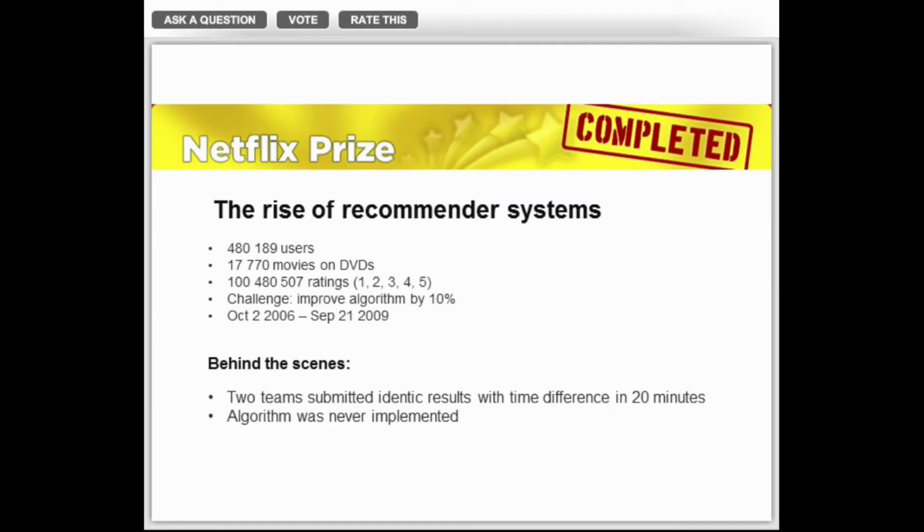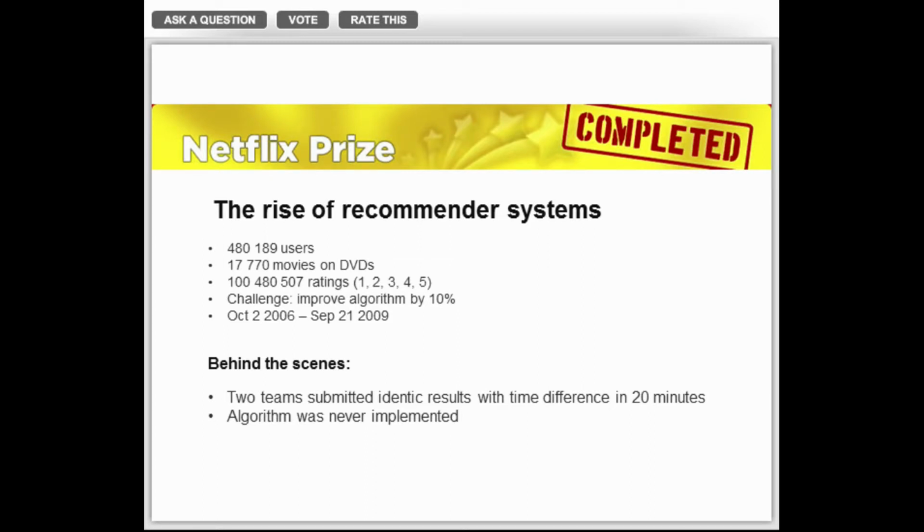So for those of you who do not know what the Netflix prize is, some intro information. Netflix awarded a $1 million prize to those who would improve their algorithm by 10%. That happened in 2006.